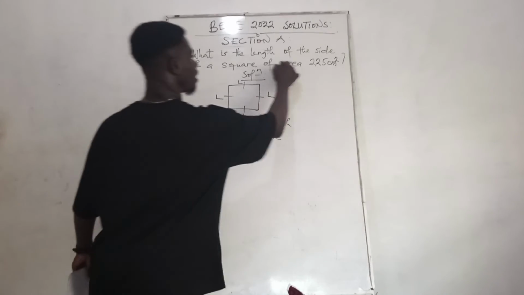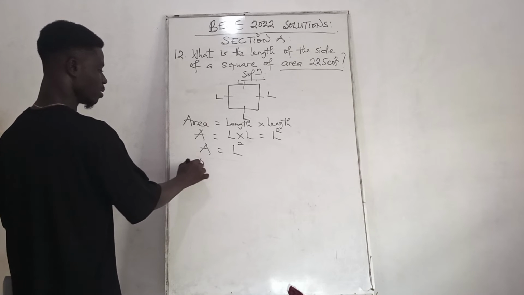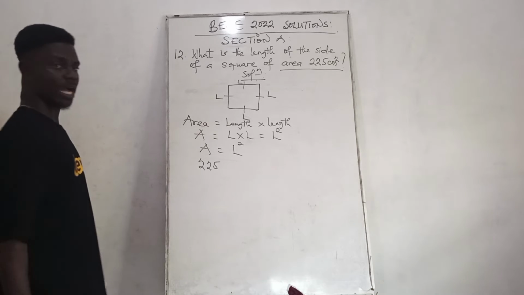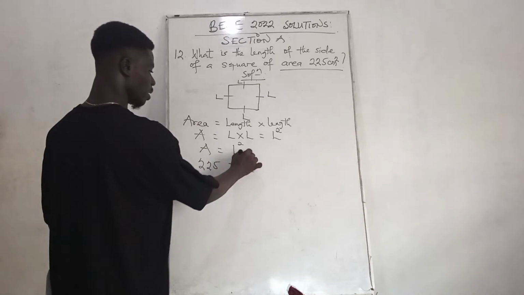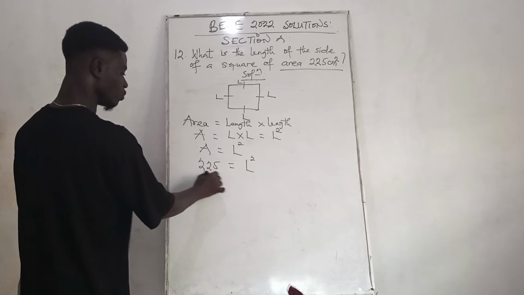So my A equals L squared. And they've given us the area to be 225. So in place of A, we substitute 225, which must be equal to L squared. So what do we do? We take the square root on both sides.